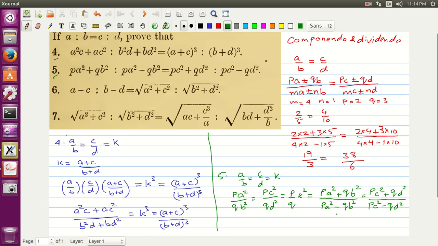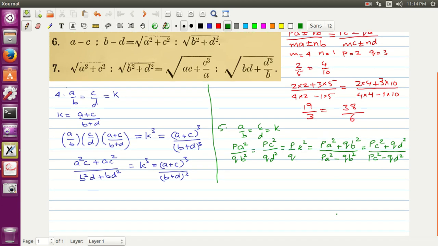Now for the sixth problem, okay, now we'll do the sixth problem. Let us choose color blue. Problem number 6. Again we have been given that A by B is equal to C by D. Now we know that this should also be equal to A minus C by B minus D. Okay.